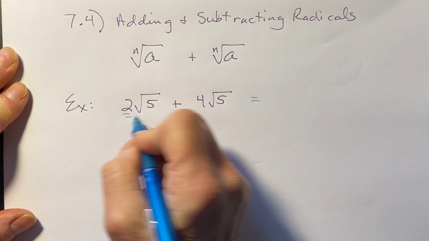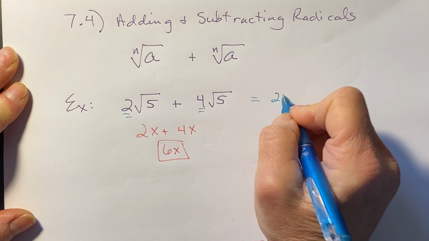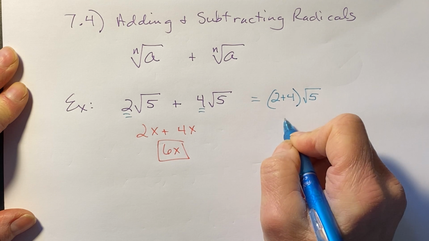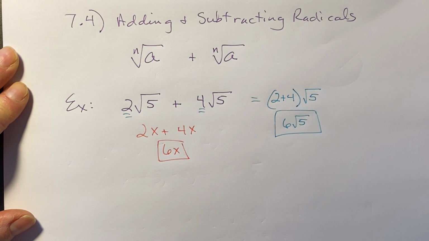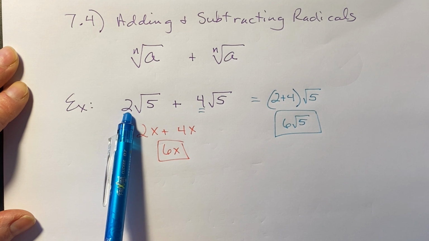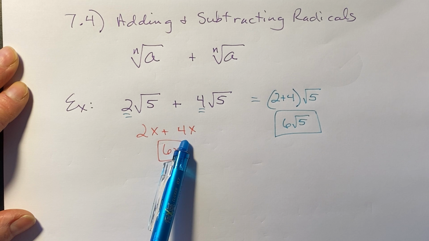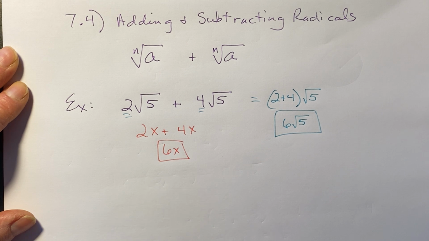I've got 2 square roots of 5 and I'm adding 4 square roots of 5, or just 6 square roots of 5. So we just take what is on the outside, similar to the coefficient of like terms, and add them.